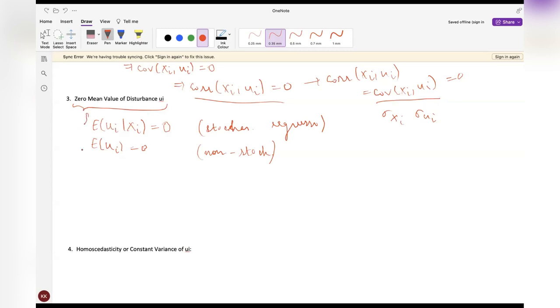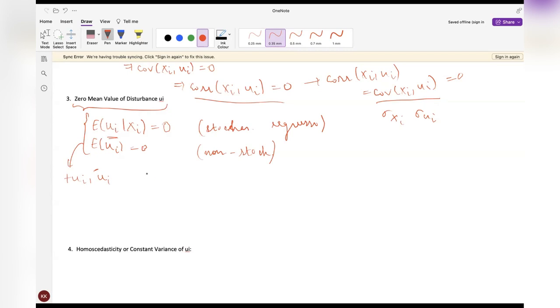What is the implication of this assumption? This means that all those factors which are not included in the model won't affect the mean value of y. So if we have positive ui's and negative ui's, they will cancel each other out such that their average value will be 0.